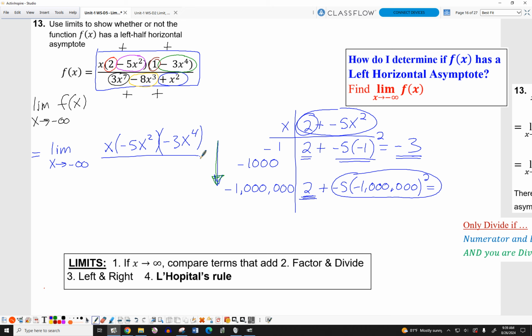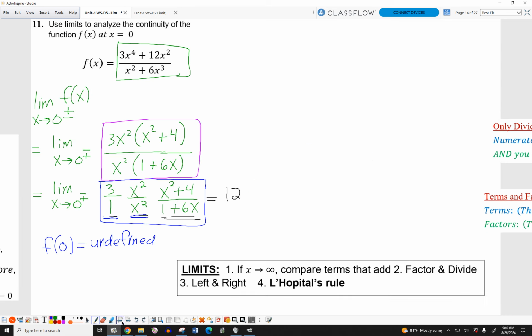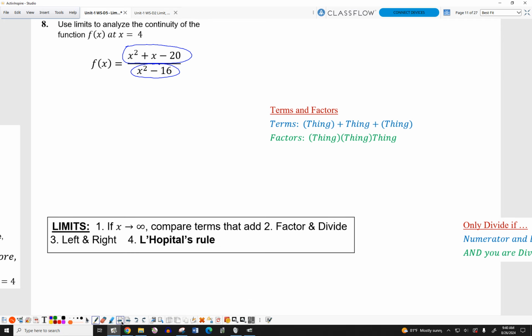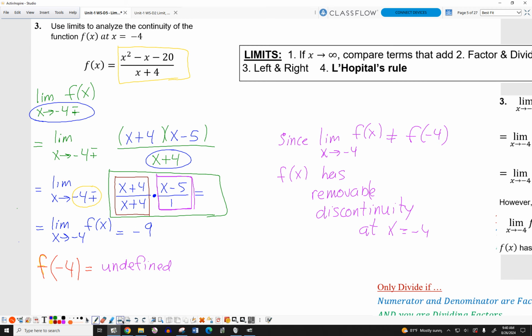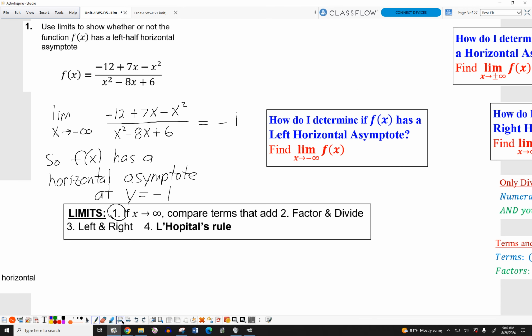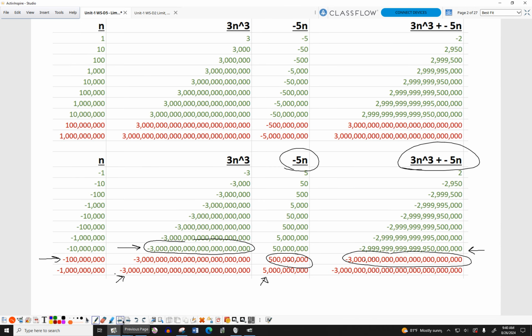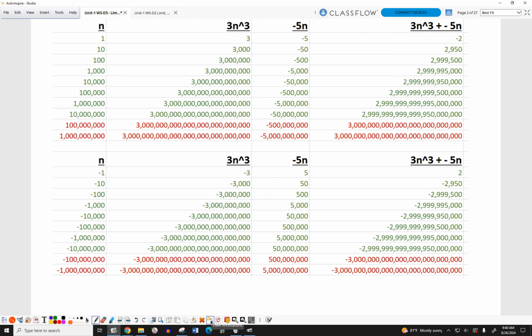Okay, on the bottom, it's not quite as obvious, but I have a little spreadsheet to emphasize a key point. Here's the key point. If you have a term, think of this as x.